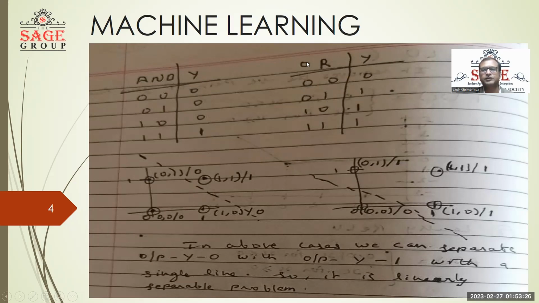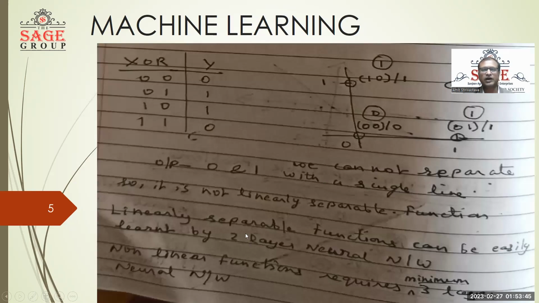Similarly, if I plot this OR gate in the XY axis, and I want to separate out these outputs 0 from the outputs 1, then I can do it like this. This dashed line is separating out these outputs 0 from outputs 1. So again, I can say that this OR gate is also a linearly separable problem. Now, let us see the case of the XOR gate. Here, the output will be 1 when the inputs are 0, 1 or 1, 0.